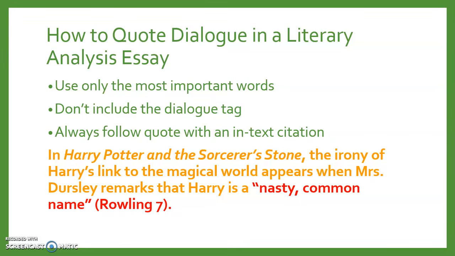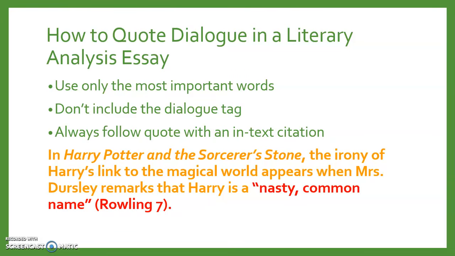So let me give you an example of use of dialogue in a literary analysis essay. In Harry Potter and the Sorcerer's Stone, the irony of Harry's link to the magical world appears when Mrs. Dursley remarks that Harry is a nasty common name. Mrs. Dursley does actually say on page 7 in dialogue, nasty common name, that phrase, when describing the name Harry.